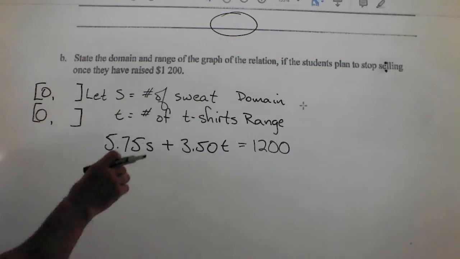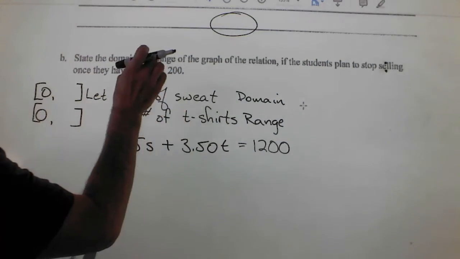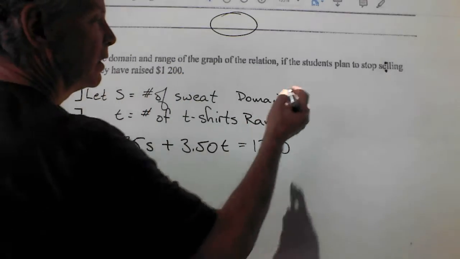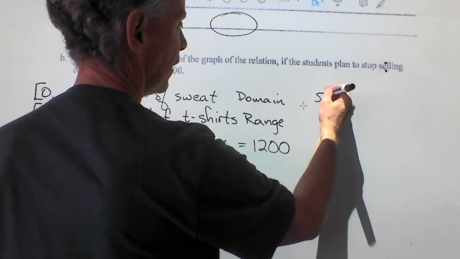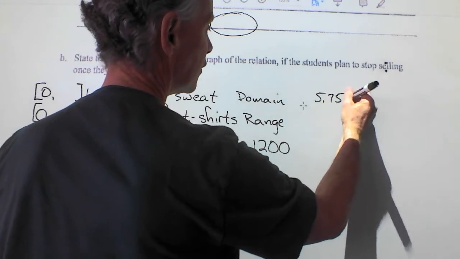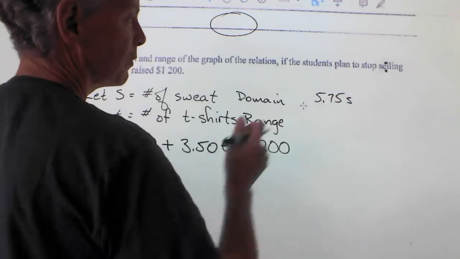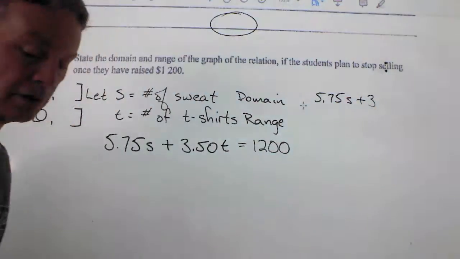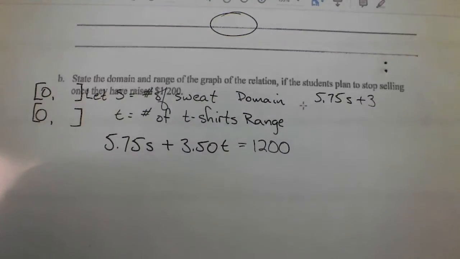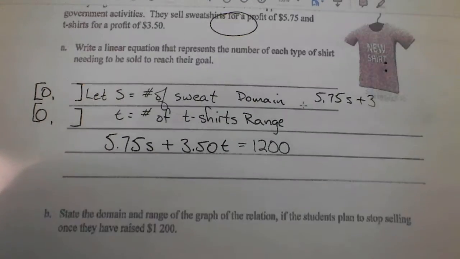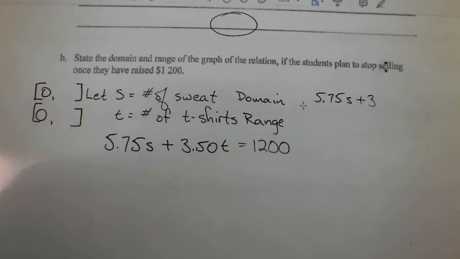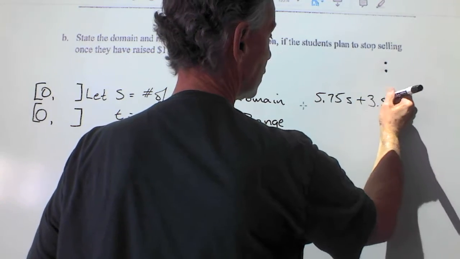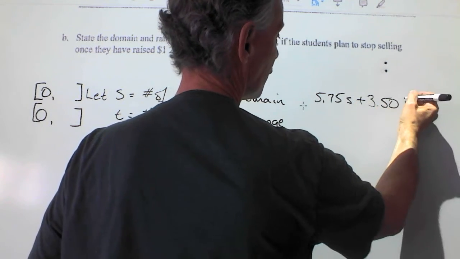Okay, so if we sold all sweatshirts, no t-shirts, our equation would look like this. 5.75 S, so we're going to sell all sweatshirts. If we sold no t-shirts, then we would know what our value of t is.